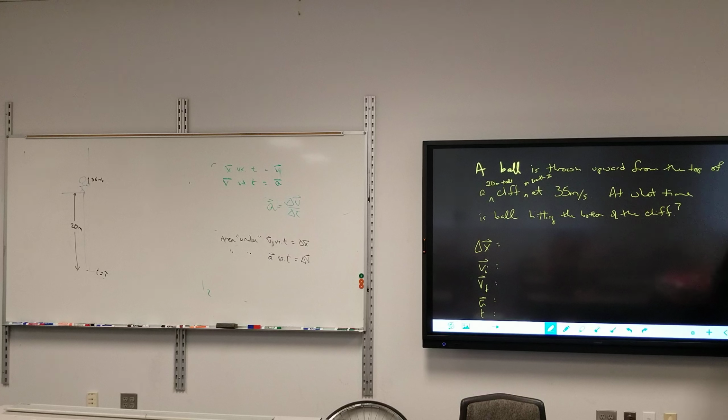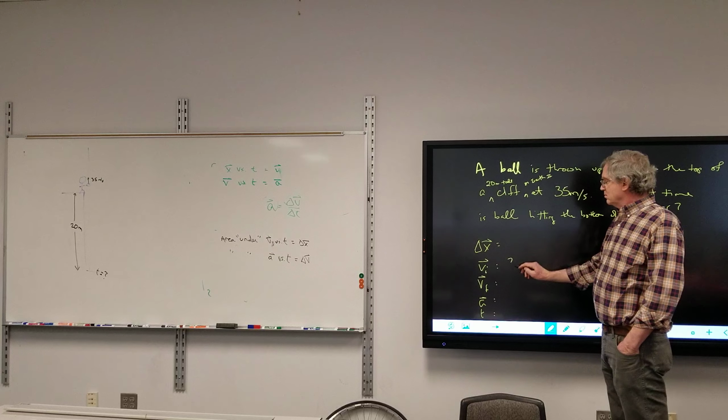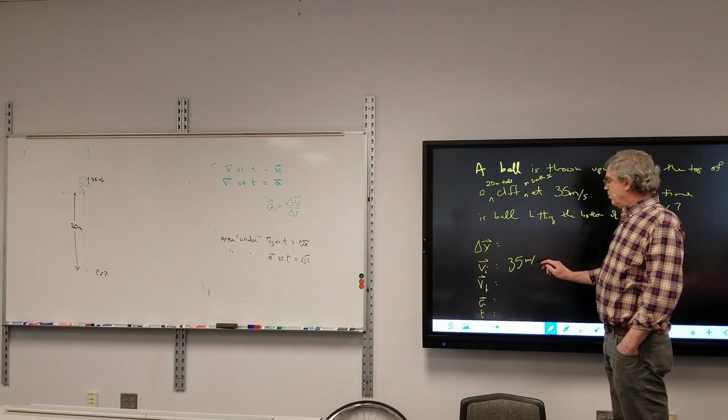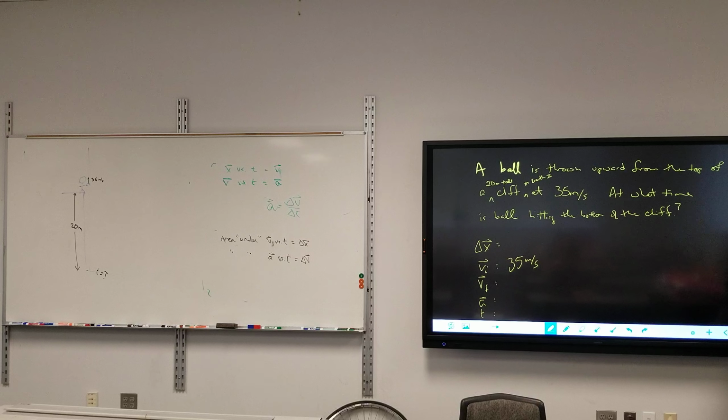Initial velocity is 35 meters per second. What assumption did you make? That the ball goes at 35 meters per second the second it leaves the hand.